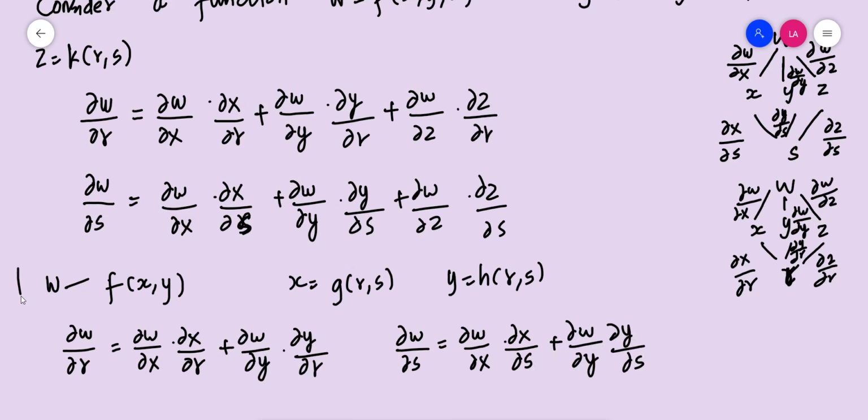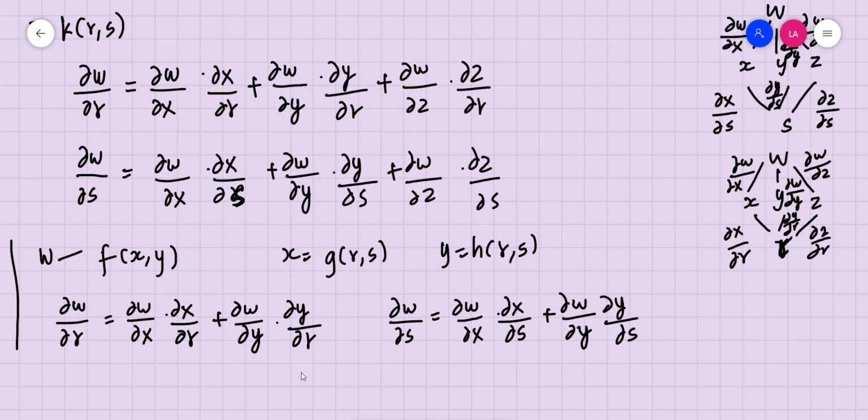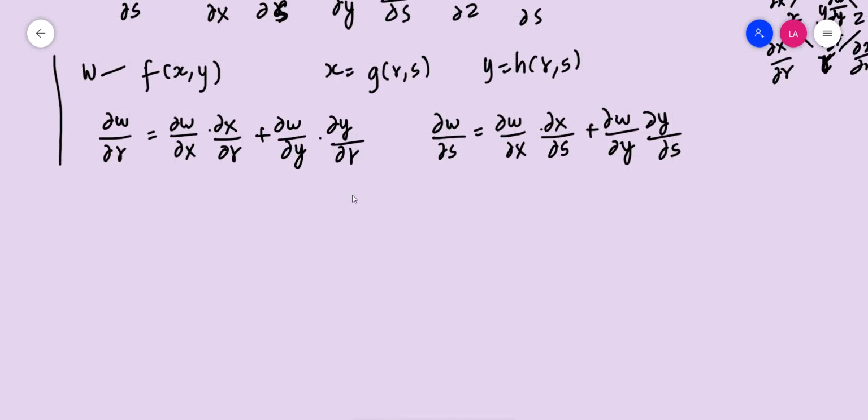So this is how we find the partial derivative of w when w depends upon two variables. We can extend this to any finitely many variables as well.